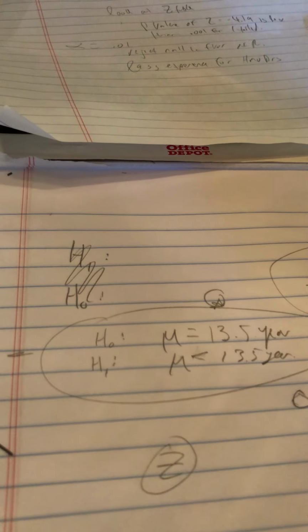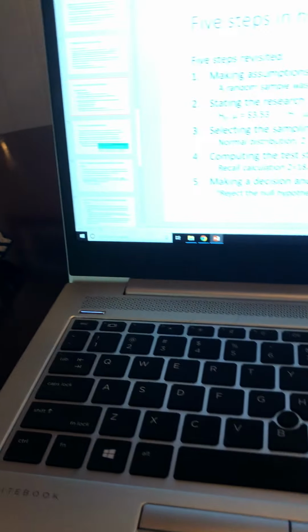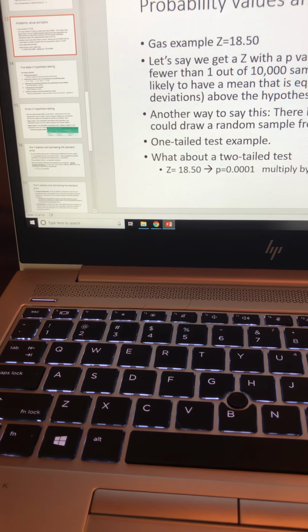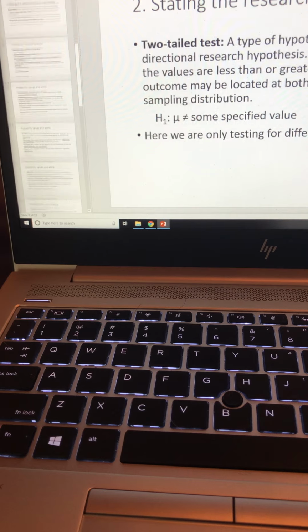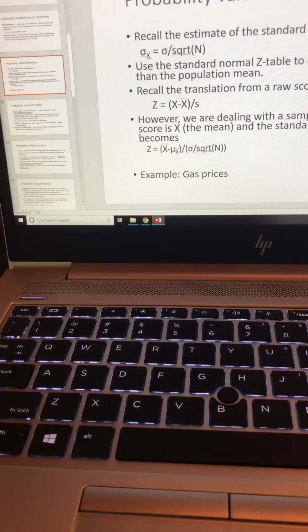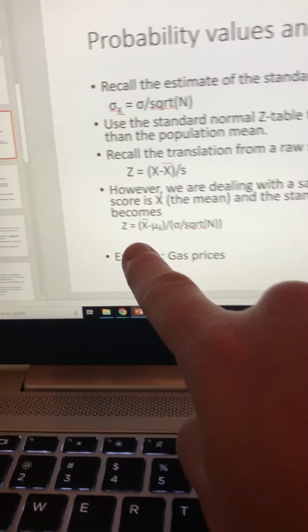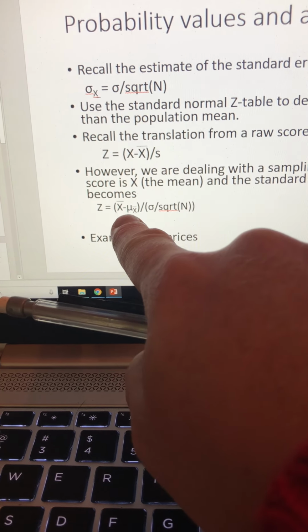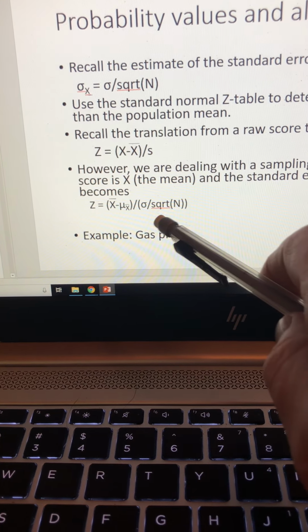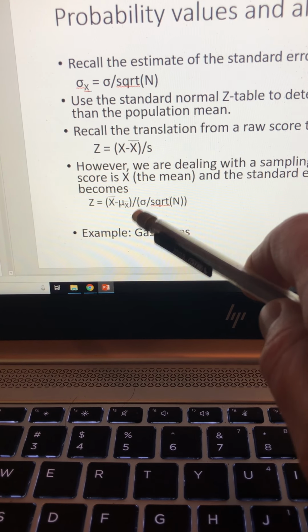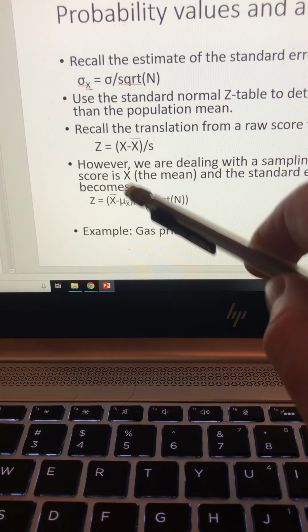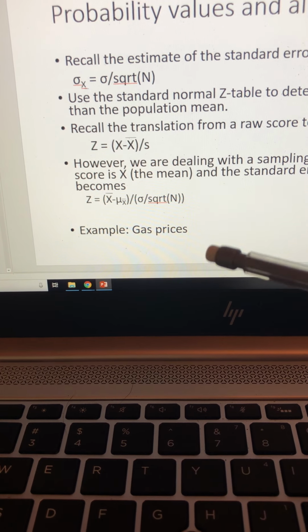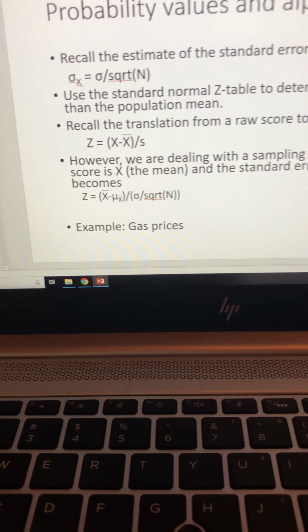So if we know that, then we can use Z. If you think back to the equation, let me click back here just so you can see. Z is equal to the sample mean minus the population mean divided by the population standard deviation, gosh, it's a mouthful, divided by the square root of the sample size, okay?